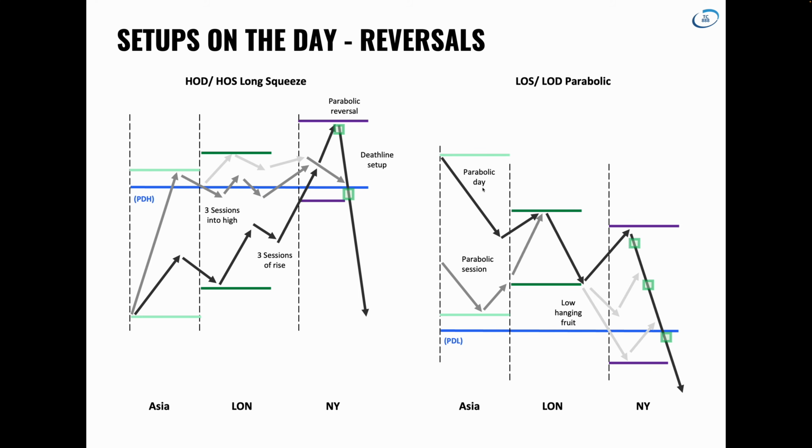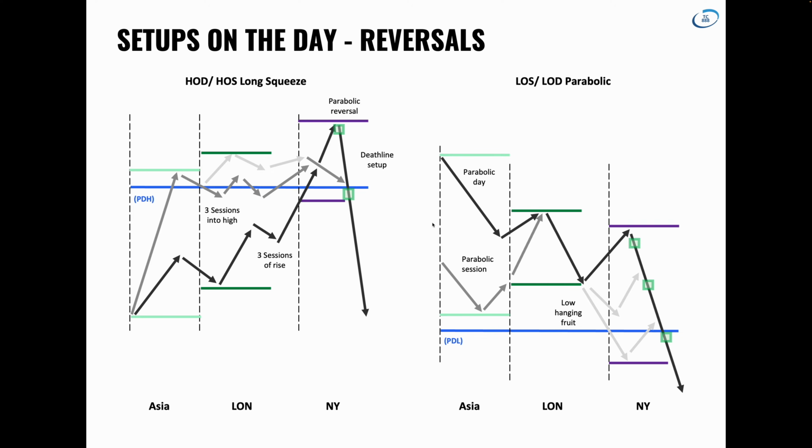So then you often get a low of session, low of day parabolic. This parabolic can be extremely parabolic, meaning from Asia at the high, it just trends down and makes lower lows all the time, breaks the previous day low somewhere in between, and then blows off to the low. That's one pattern. The second pattern is the parabolic session. That's my favorite.